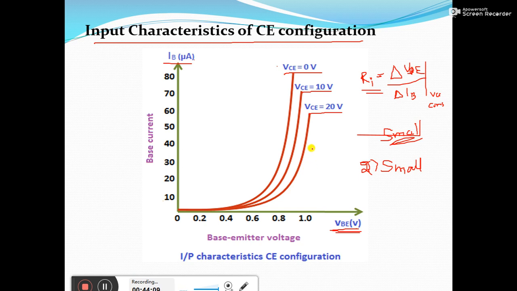Since the current is rising at the slower rate, I can say the Ri value of CE is greater than the Ri value of CB.